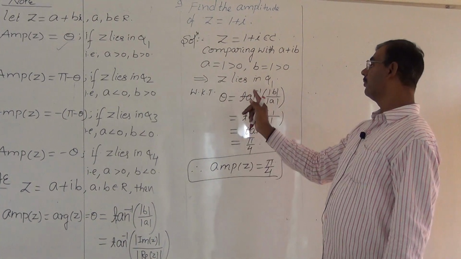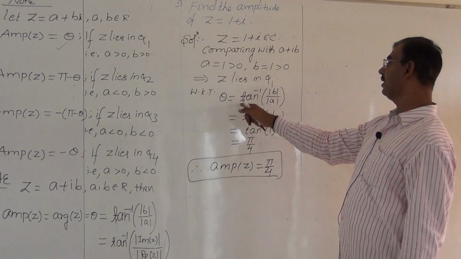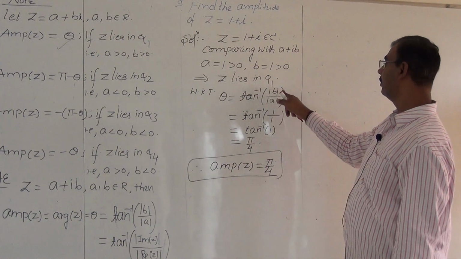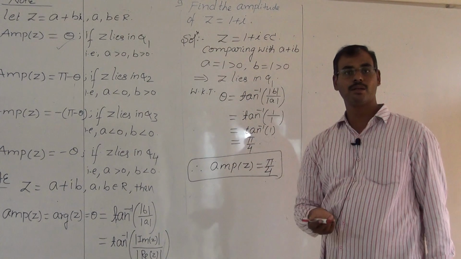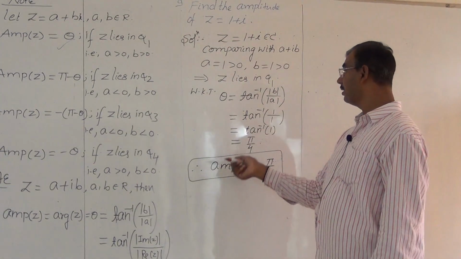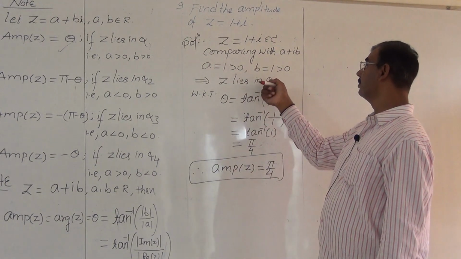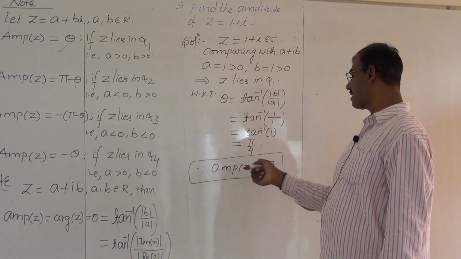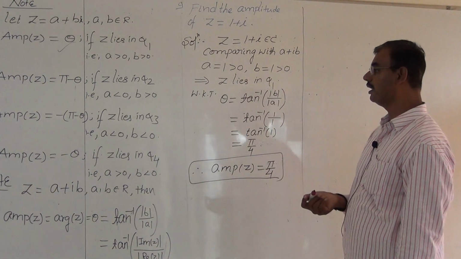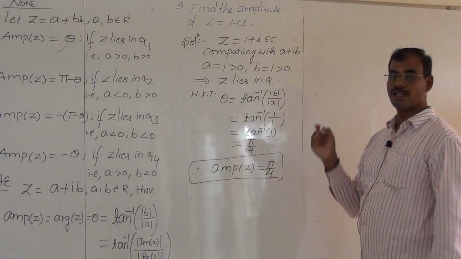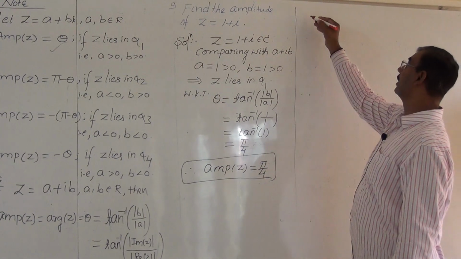Third step, find theta using tan inverse of mod of B divided by mod of A. Then, according to the quadrant, calculate the actual amplitude of z. For the sake of understanding, I will give one more example.